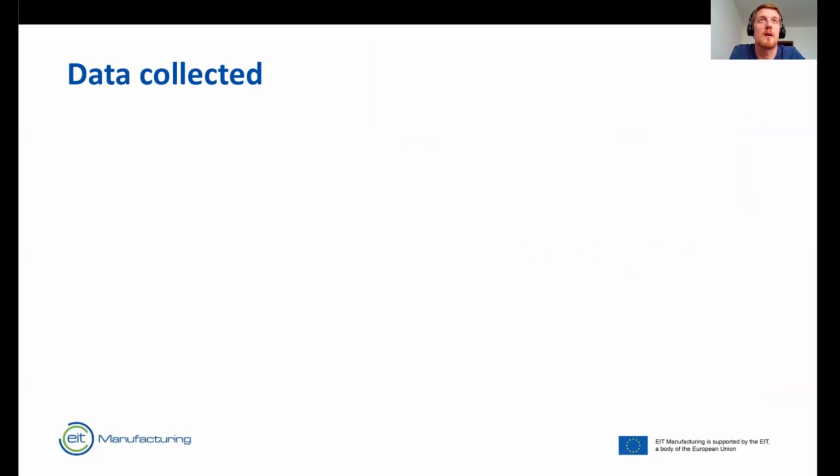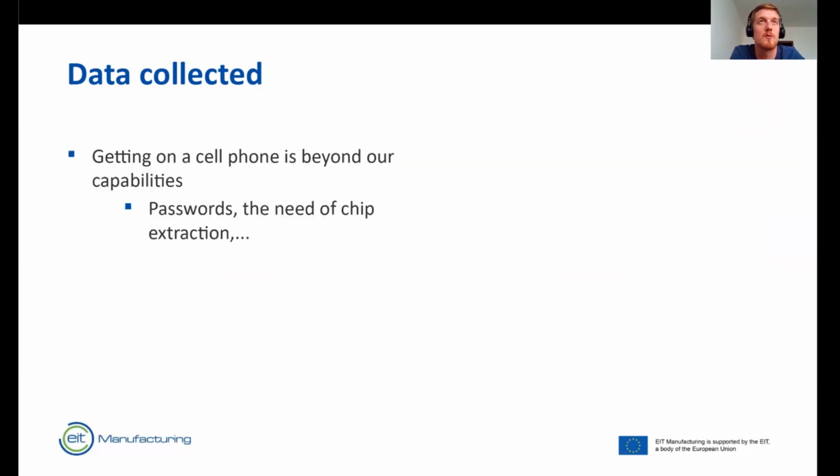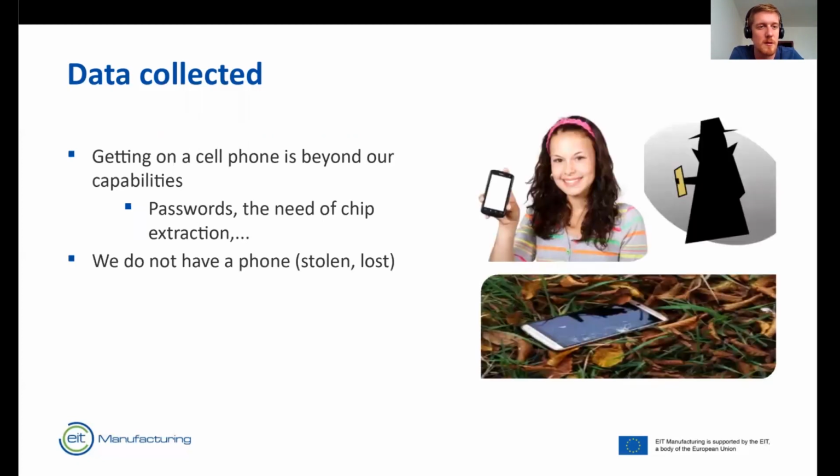Okay, Google collects data about us. It's well known. So in which case can we use this online data? For example, if getting into the cell phone is beyond our capabilities. For example, we need a password for the screen, or we need to extract the memory chip.